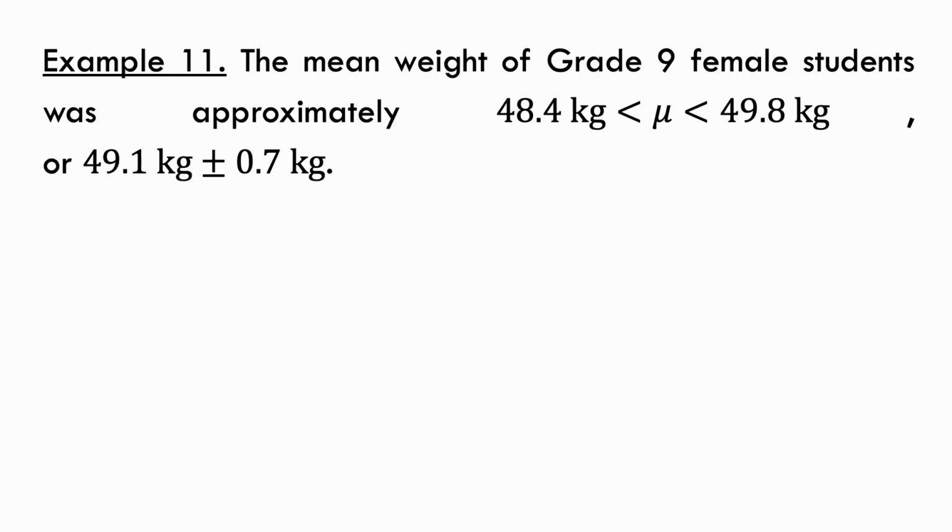The mean weight of grade 9 female students was approximately 48.4 kilograms to 49.8 kilograms, or that is 49.1 kilograms plus or minus 0.7 kilogram. So this is an example of an interval estimate. Sa mga susunod na topics natin, you will learn kung paano gumawa ng isang interval estimate.